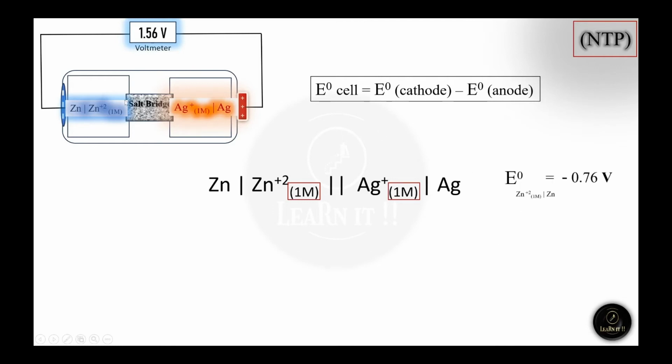Here, standard reduction potential of zinc is minus 0.76. Standard reduction potential of silver is 0.80 volt. So that's why E naught of this cell is equal to 0.80 minus (minus 0.76), which gives 1.56 volt, which is the same as the practical value.